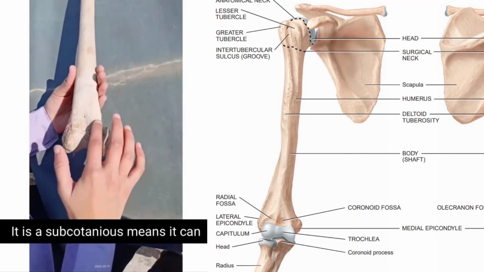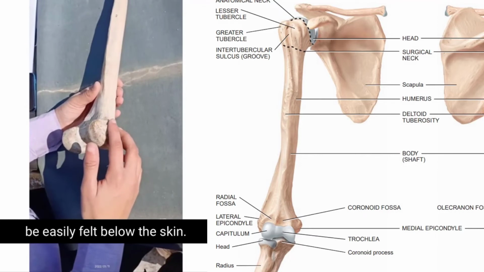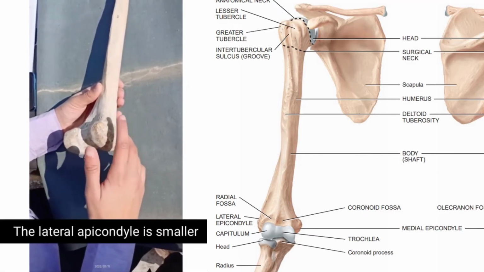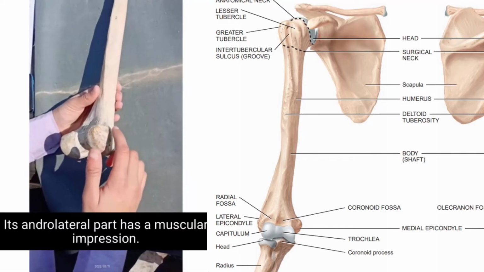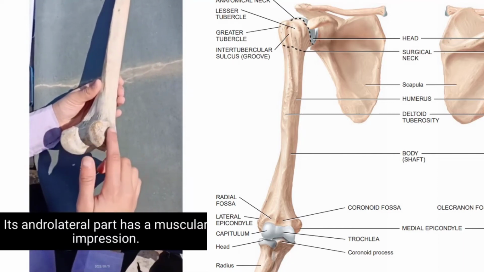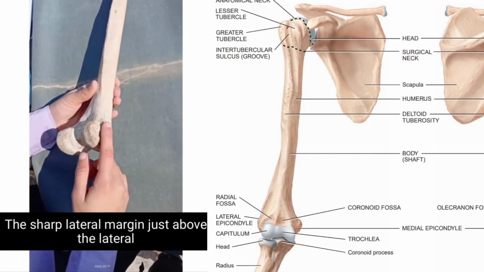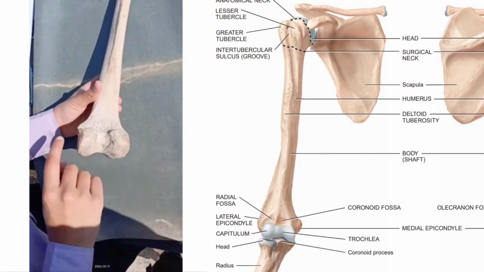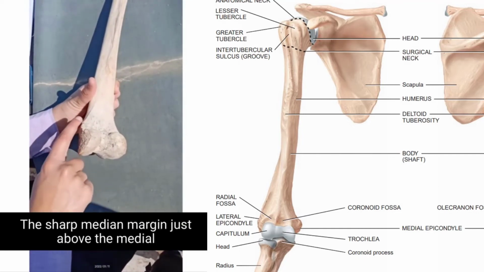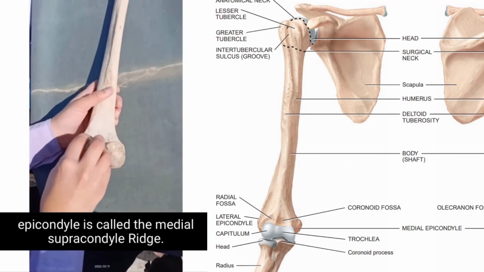It is subcutaneous, which means it can be easily felt below the skin. The lateral epicondyle is smaller than the medial epicondyle. Its anterolateral part has a muscular impression. The sharp lateral margin just above the lateral epicondyle is called the lateral supracondylar ridge. The sharp medial margin just above the medial epicondyle is called the medial supracondylar ridge.